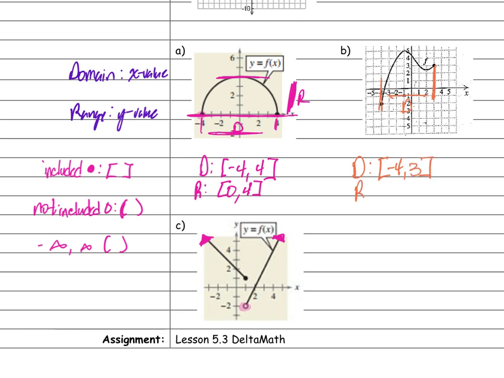Okay, and my range goes from my lowest point, so I'm going to erase this so I can see better, from my lowest point, which is here, to my highest point, which is here. It doesn't have to be an end point, it's just my lowest point to my highest point. My lowest point is -2, and it's a solid point, so it is included. To my highest point, which is 5, which has no open point, so that's included also. Okay?